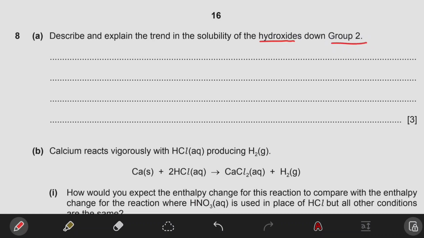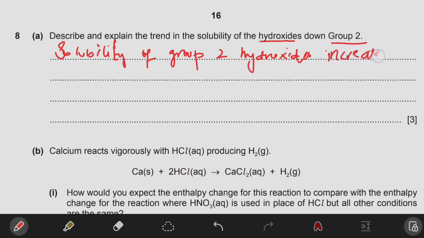Okay, so the solubility of the hydroxides increases because the enthalpy change of lattice actually decreases more significantly than the enthalpy change of hydration, and enthalpy change of solution actually depends on these two, right?